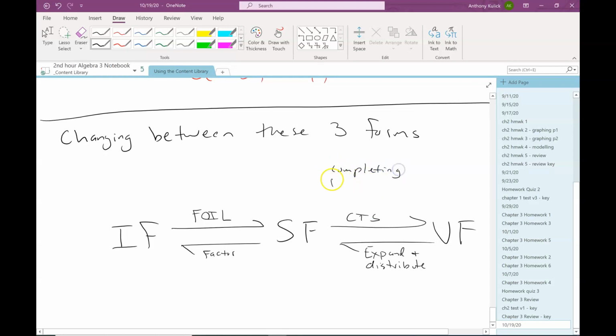Completing the square? That's what I wrote above it. So far, so good? Okay.